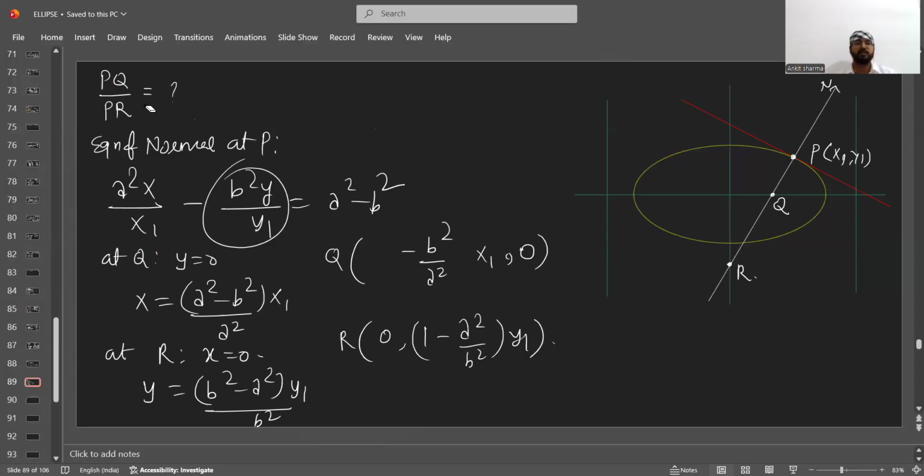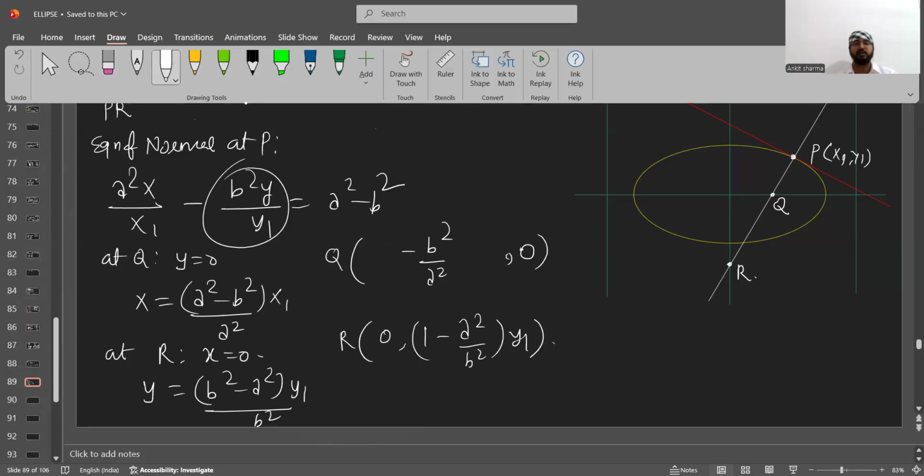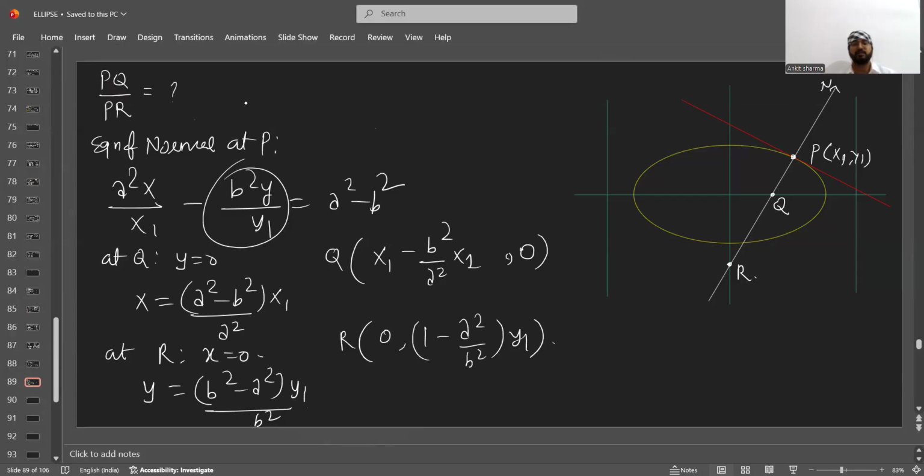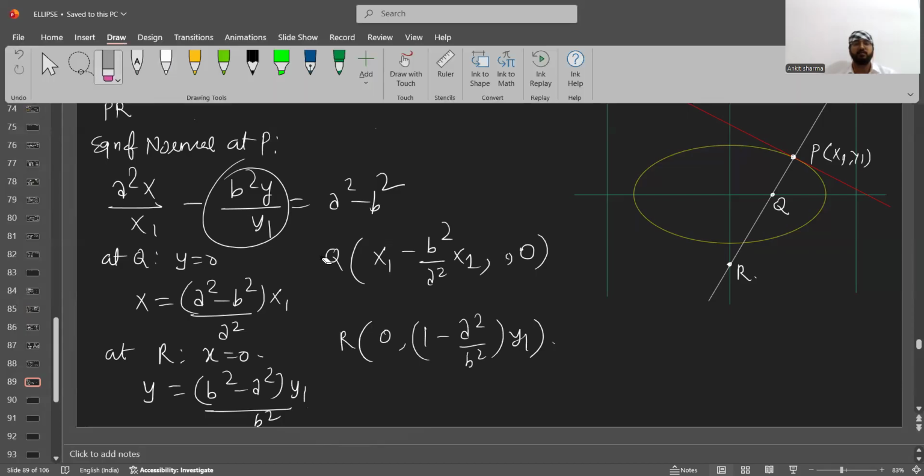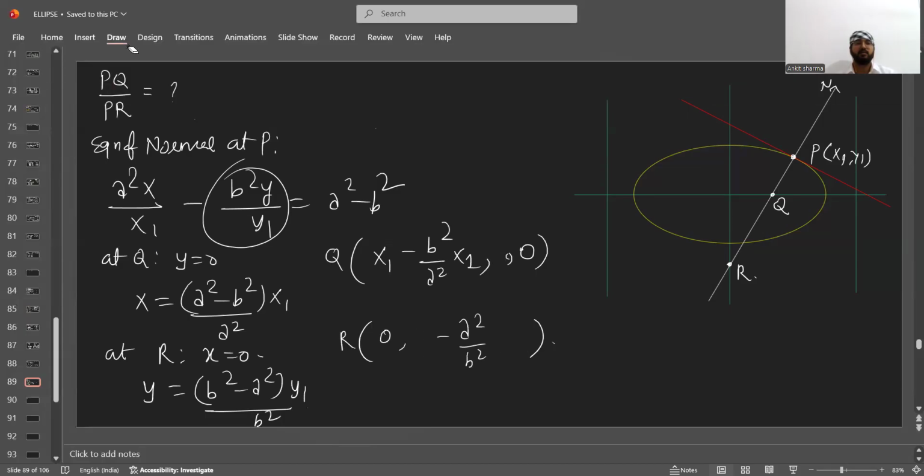This one can be replaced by X1. That means we have multiplied here X1 basically, and here I'll be multiplying Y1. So that means now I can write down Y1 square, and this will be Y1 minus Y1. Like this, we have multiplied here. So now it makes our task easy.